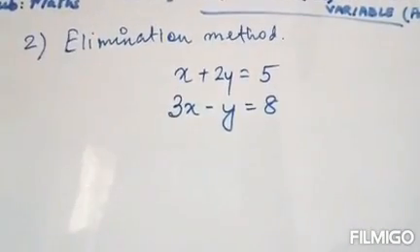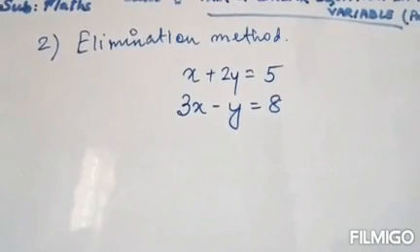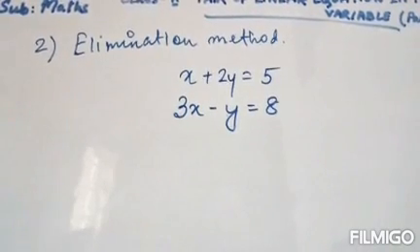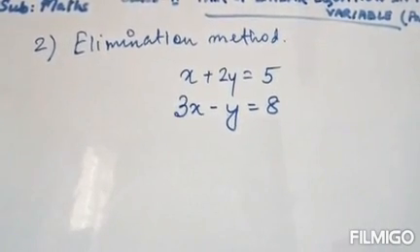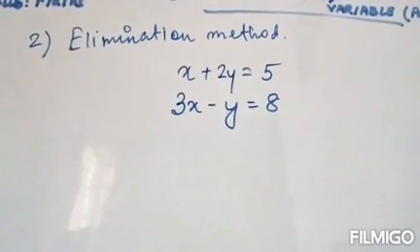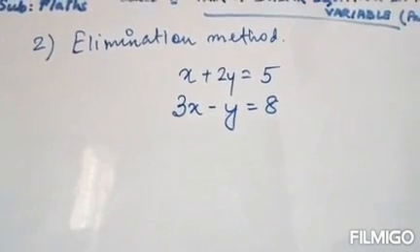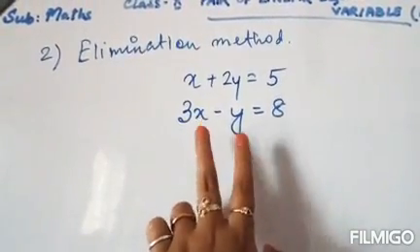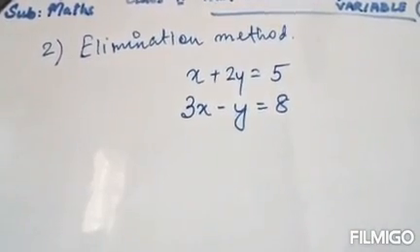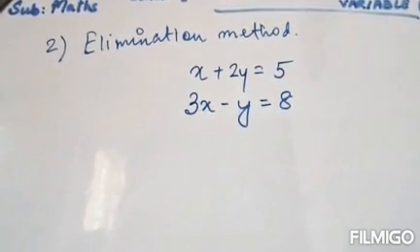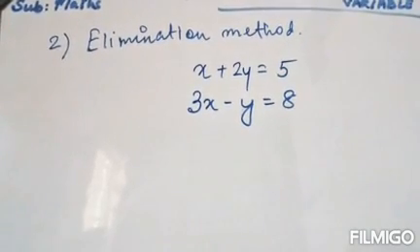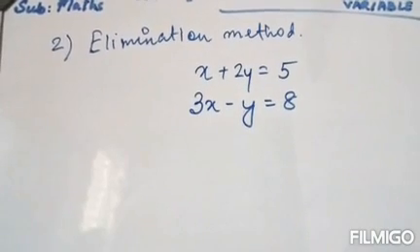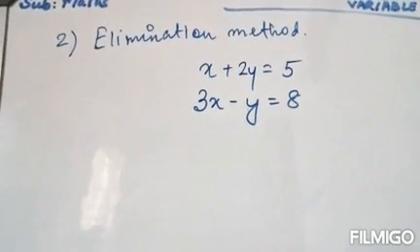I've got a pair of equations. Now in this method, we are going to choose any of the variables, x or y, and equate the coefficient of that variable.